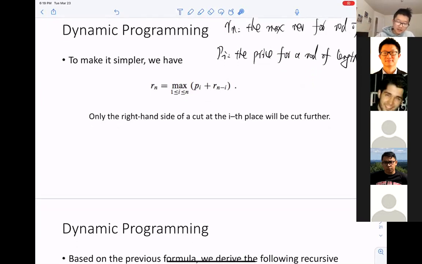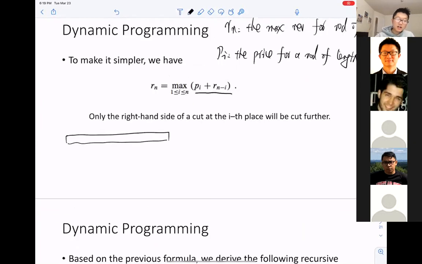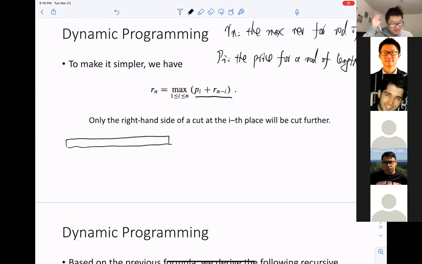So what this mathematical equation does is this. Let's look at Pi plus Rn minus i. Say we have a rod of length n. Now instead of thinking about all the cuts that we're going to make, let's just think about the leftmost cut. Suppose that we make the leftmost cut at the ith place.